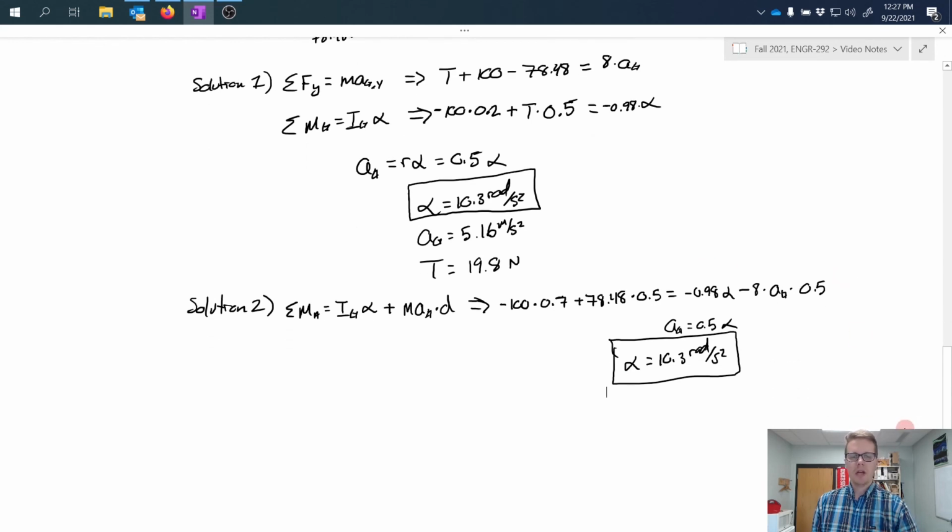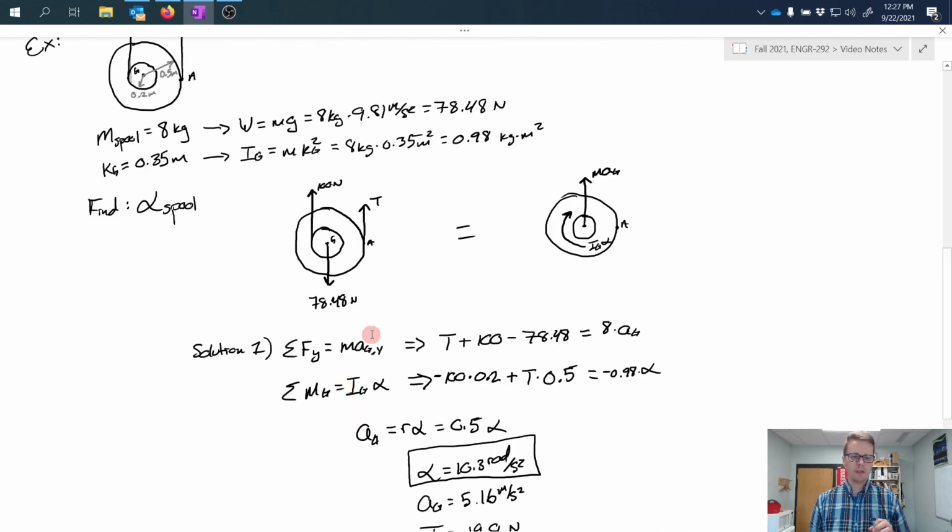All right, I want to look at this just one more way, so we'll do a third solution. So I mentioned that point A is rigidly fixed, and at this instant in time, as my spool is moving, it's rotating and translating.